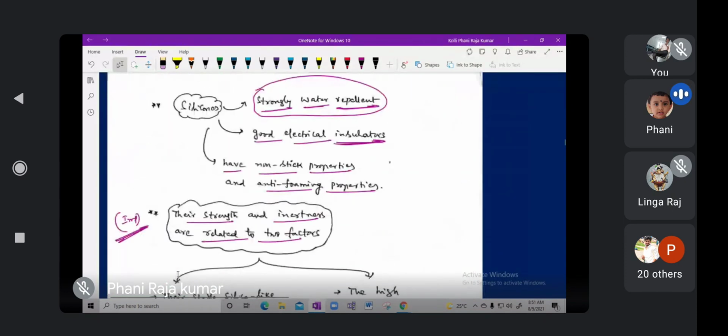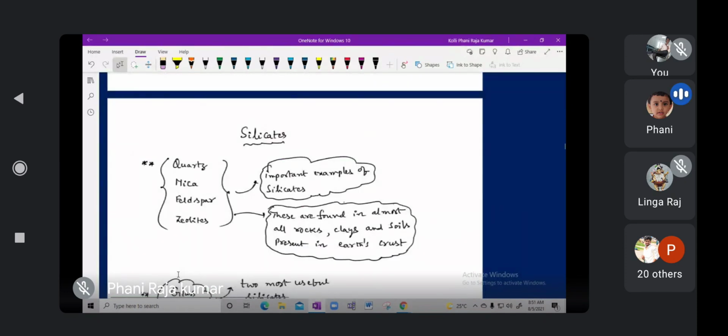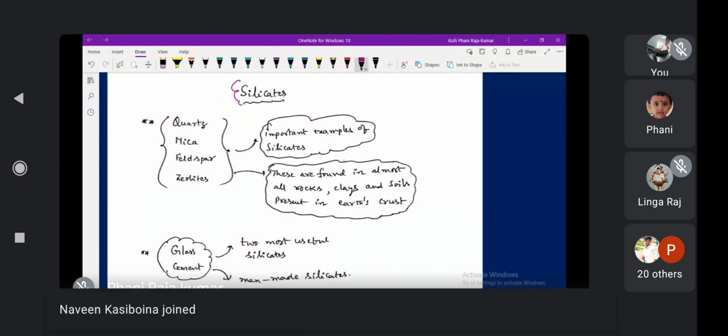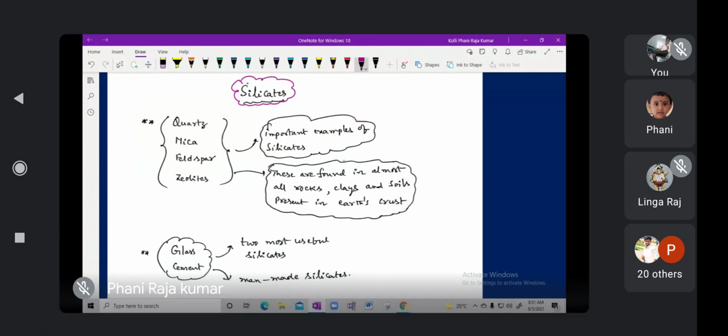Now we are entering into another very important concept called silicates. Listen carefully. A few points I'm giving here before going to silicates.